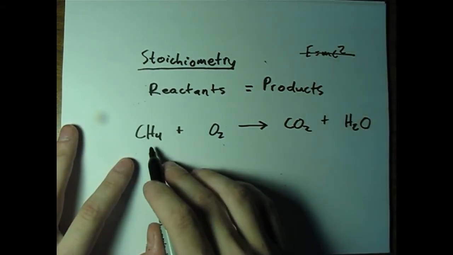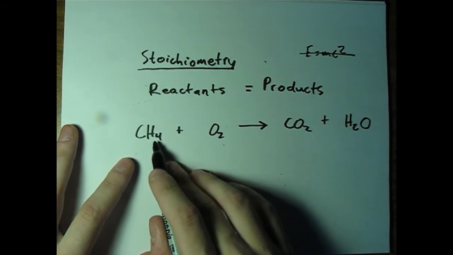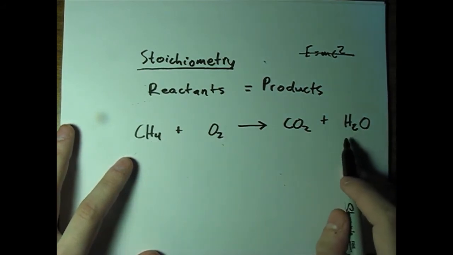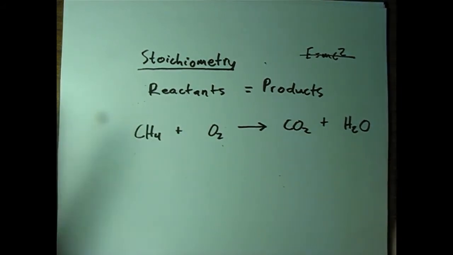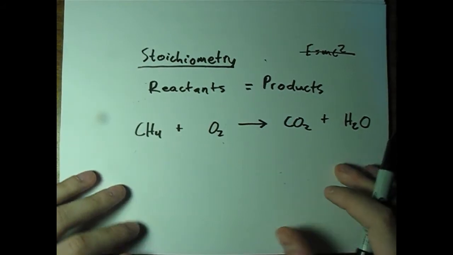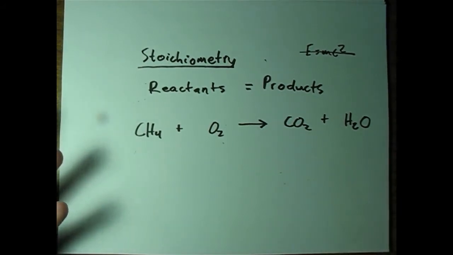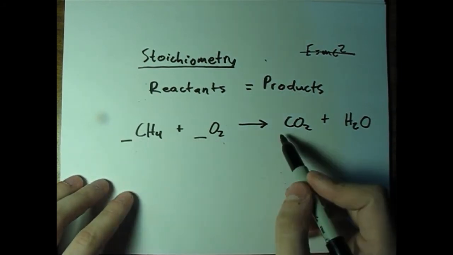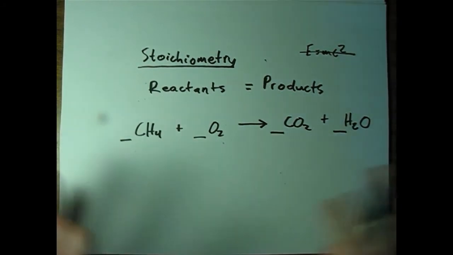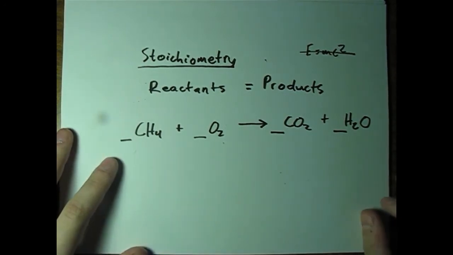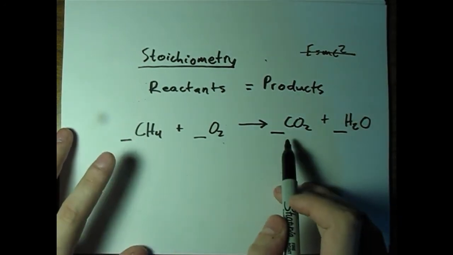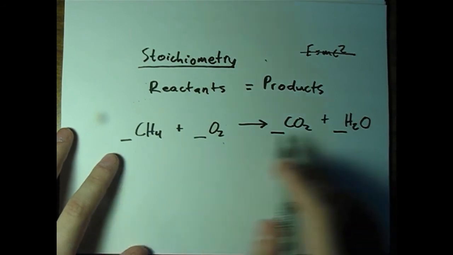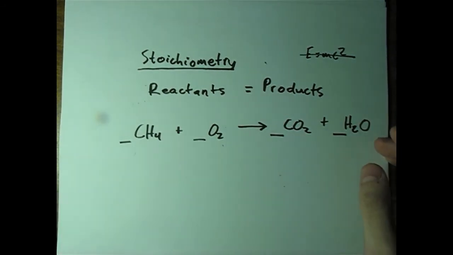We've got 4 hydrogens on this side, and oh, we only have 2. What's with this? Okay, so the first thing we have to do is balance this equation. We have to come up with coefficients in front of each of these that will lead to everything being balanced. So we're good on the carbon, but I'm going to hold off on putting 1s there for now because you never know.